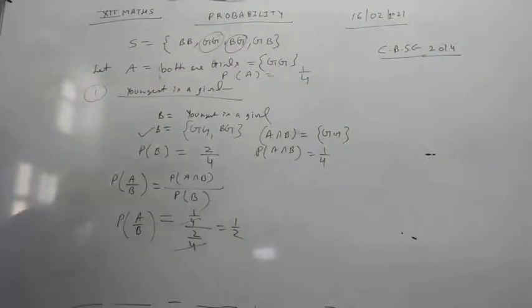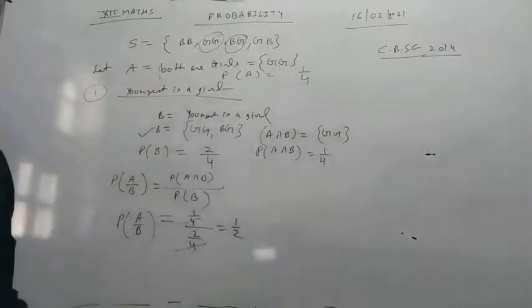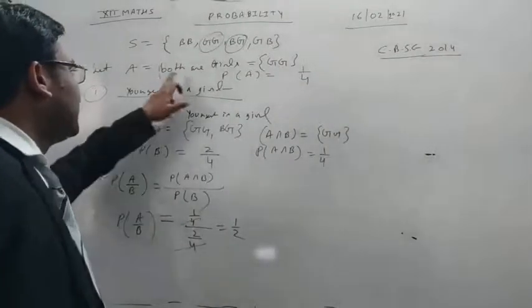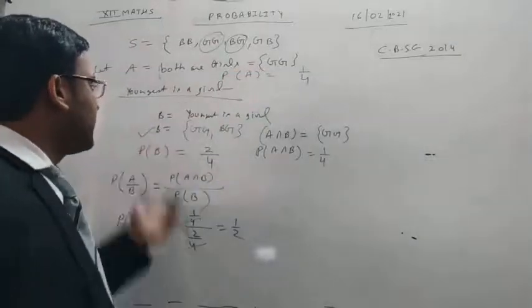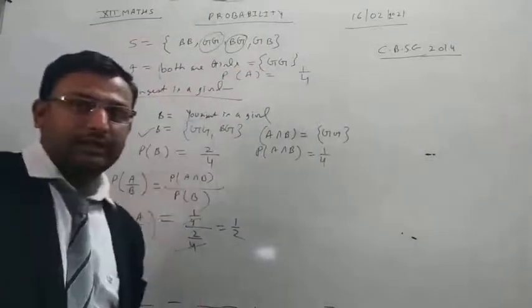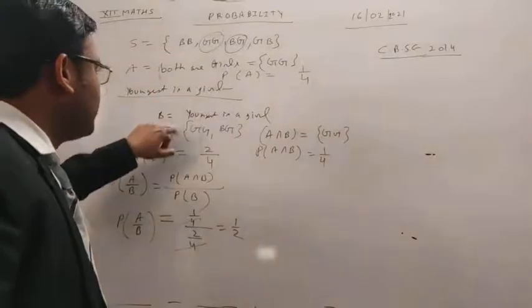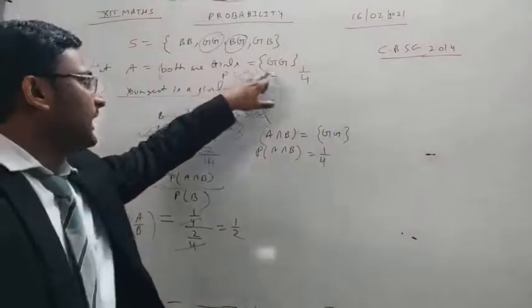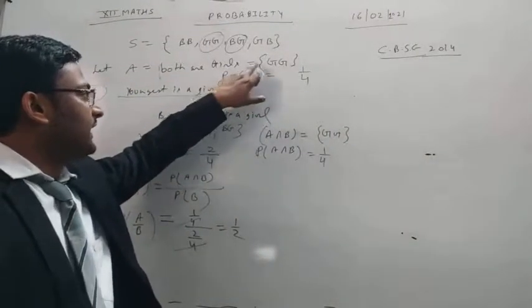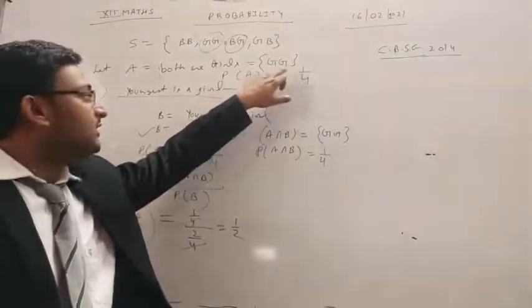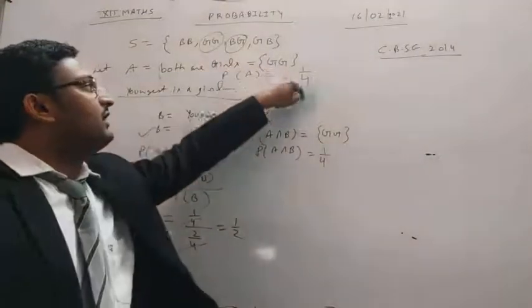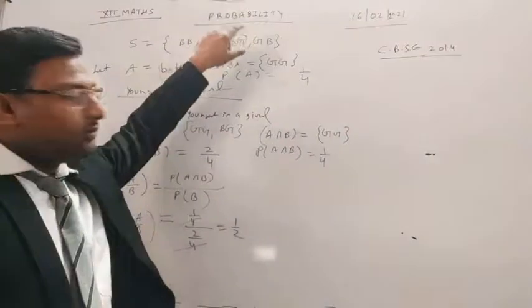Okay students, I hope you understand. Because we have to find the probability that both are girls, given that the first condition is the youngest is a girl. Our B is this and A is this, and in this case our A is just GG, so the probability of A is 1 by 4: total number of outcomes is 4, favorable outcome is 1.